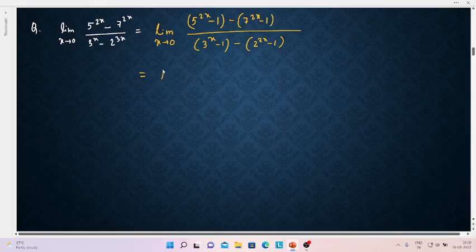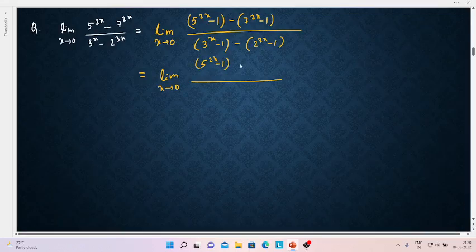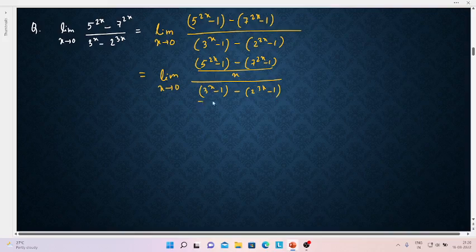So we are just moving one step further. We have to divide the numerator and the denominator by x, right? So that will make it the easiest form as the formula, right? So let me divide the denominator with x also. So it will become 2 to the power 3x minus 1 upon x, right? So let me change the limit, right?